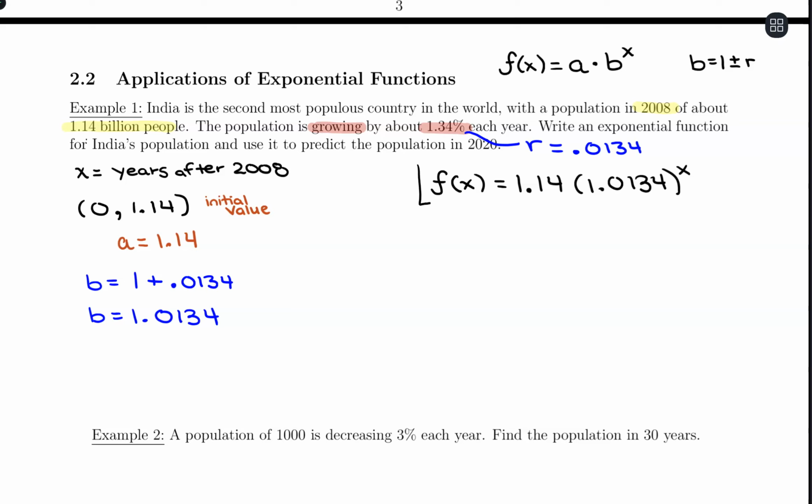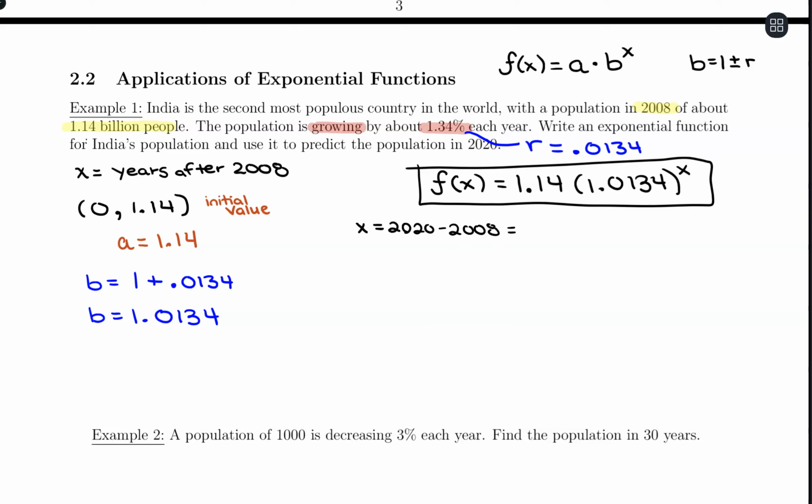All right, so there's our function, and now we want to predict the population for 2020. If we're dealing with years after 2008, we're looking for x equals 2020 minus 2008, which is 12. So we want to plug in x equals 12. So f of 12 equals 1.14 times 1.0134 to the power of 12. We would just plug that into a calculator and get 1.3374.